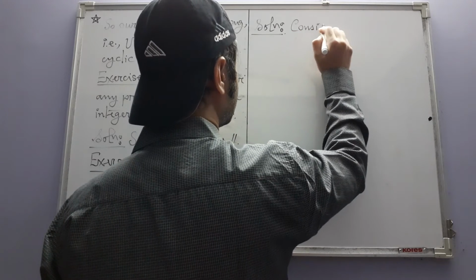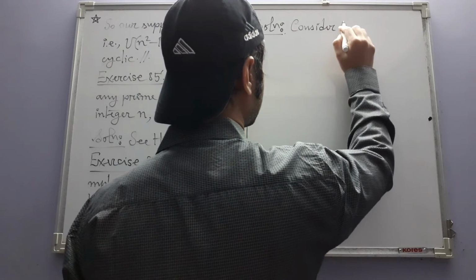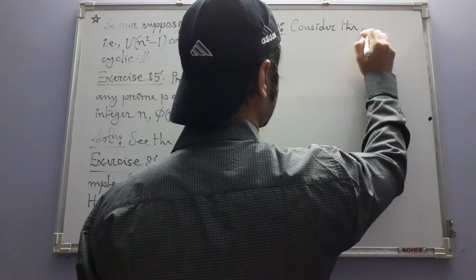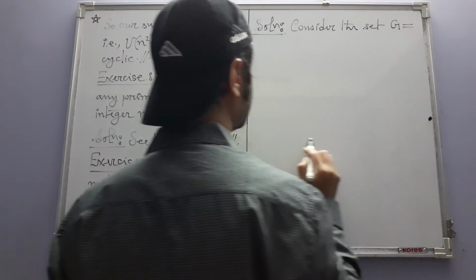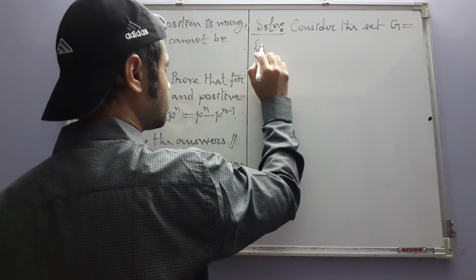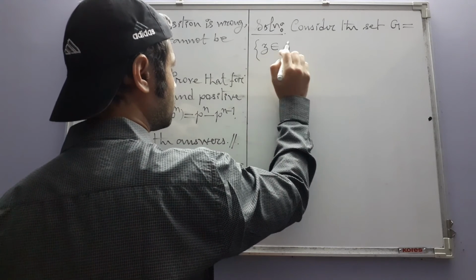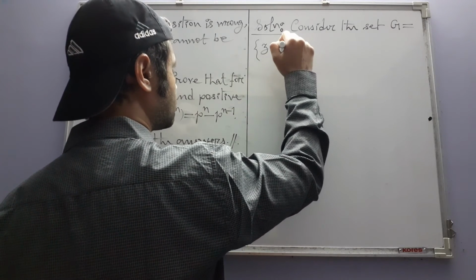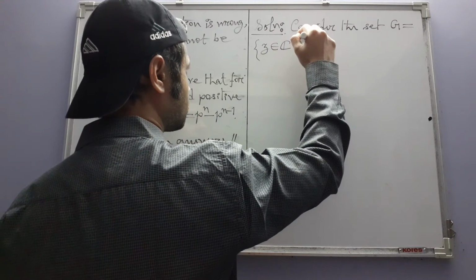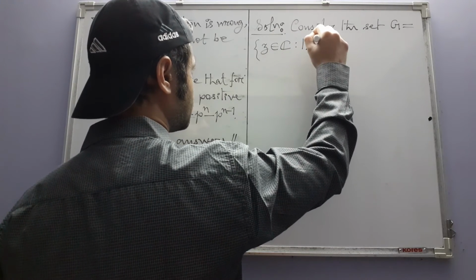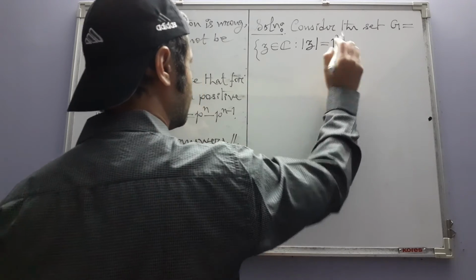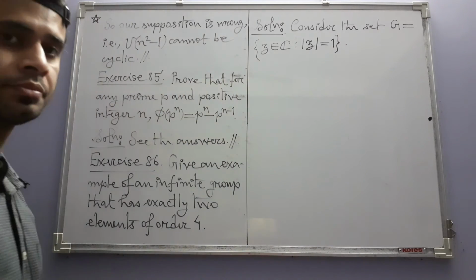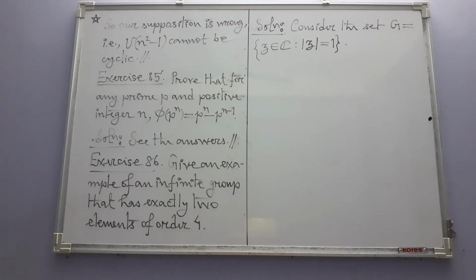Consider the set G of those complex numbers which have absolute value 1. Okay, let us consider that set.